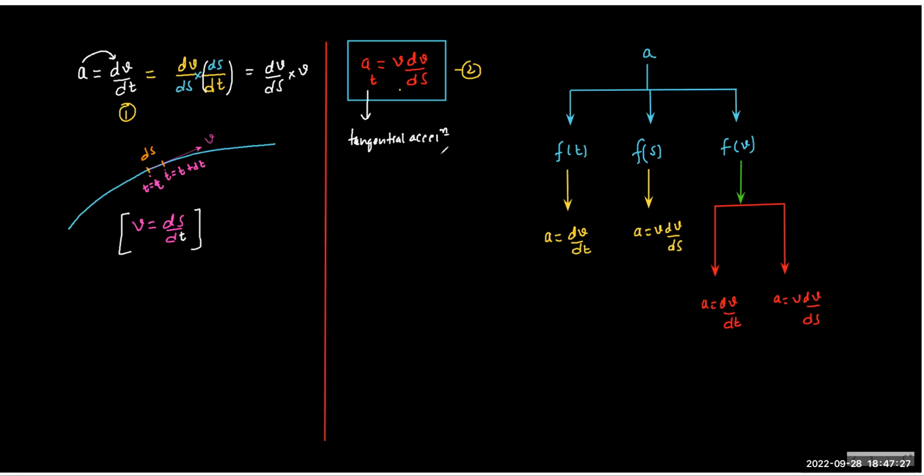And why do we call it tangential? Because it will change your speed value. So it has to do with the change of magnitude of velocity. Of course, we do not talk about direction here. The acceleration which affects the magnitude only we call tangential.